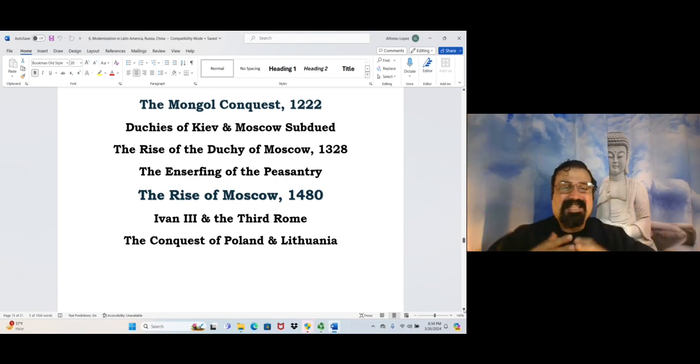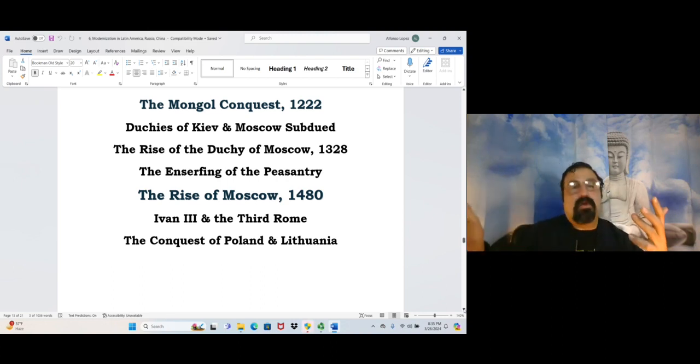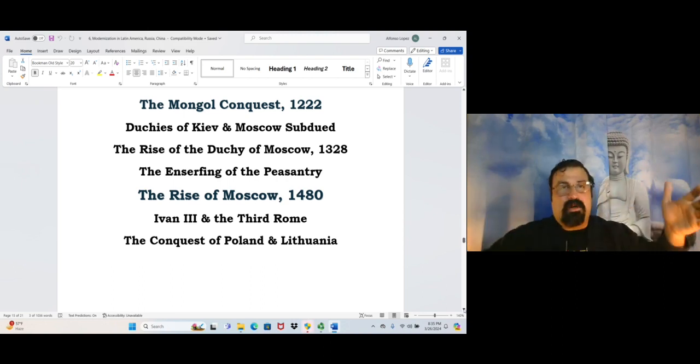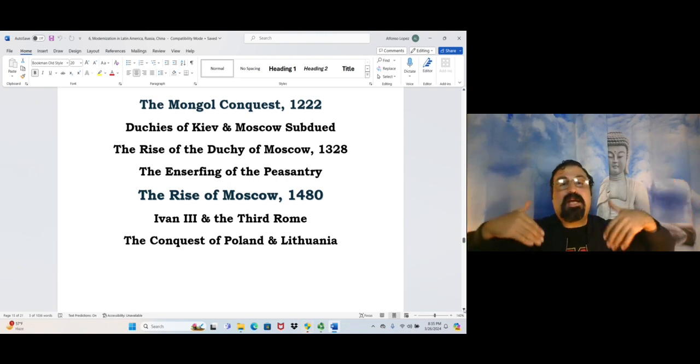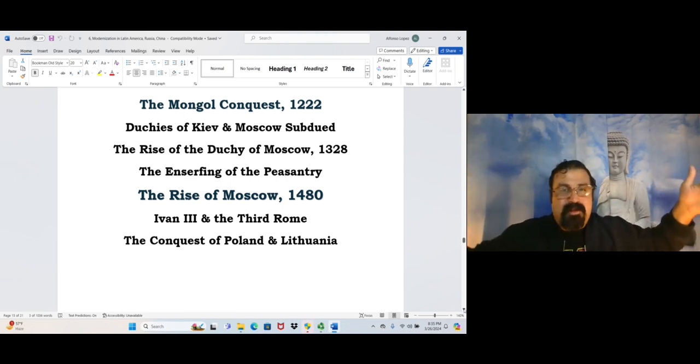So the ascendancy of Moscow in Eastern Europe is also going to lead to other changes, and that is that the peasantry here in Eastern Europe is going to fall into a new status, and they're going to remain there really for centuries. And that is that the peasants themselves are now making deals with their own landlords to receive protection from the Mongols.